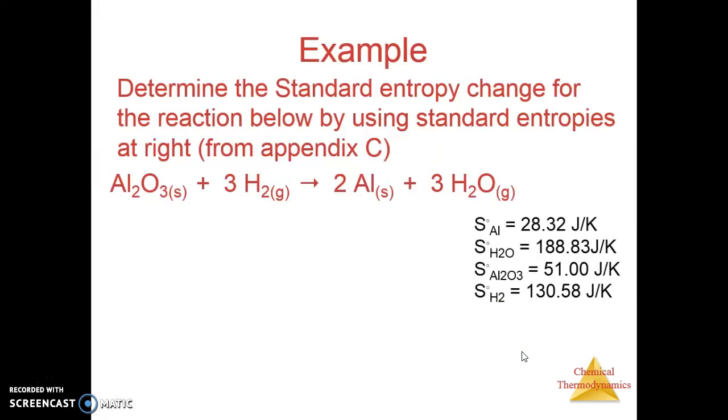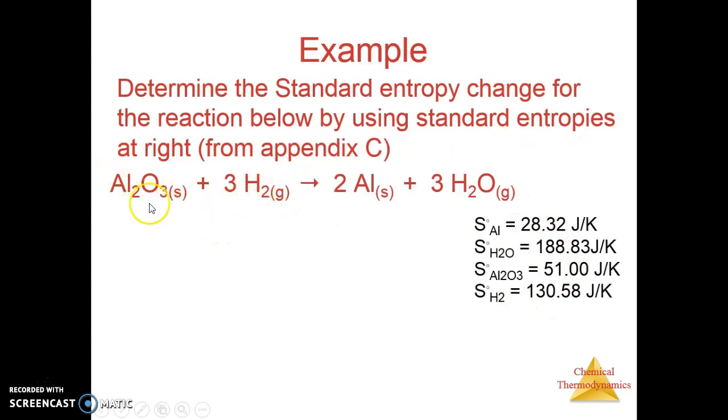So here's an example. We want to determine the standard entropy of the reaction that you see here. I got these standard entropies right from Appendix C. Appendix C has delta H values. It also has delta S values, and it also has Gibbs free energy values, which we'll get to momentarily in our videos. So what am I doing? I'm going to take the products. Those are going to increase my entropy, so I'm going to keep those positive.